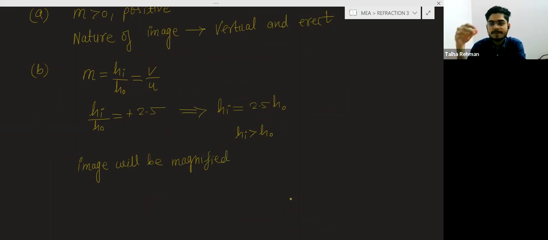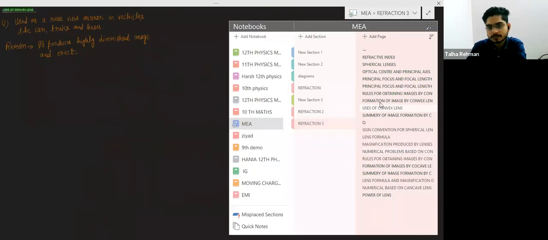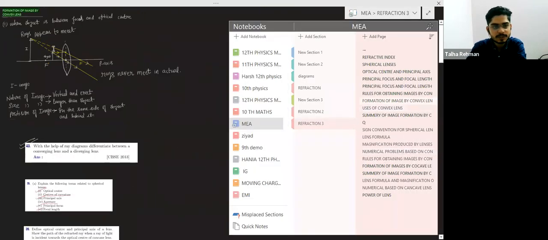So when will you get the magnified image? See here, this first part. When you place the object between the focus and the optical center, then you get this magnified image, and also it is a virtual image.